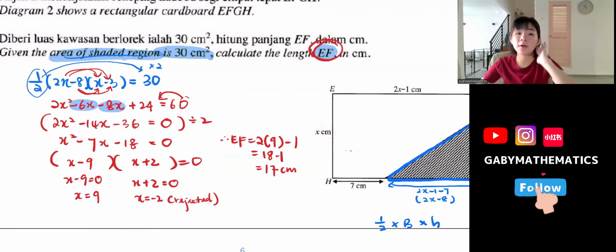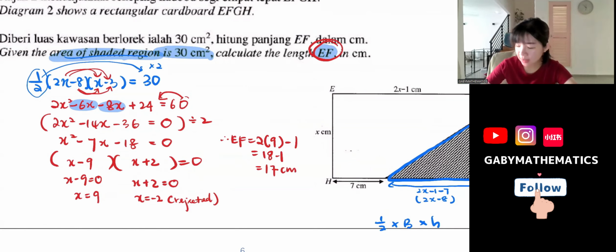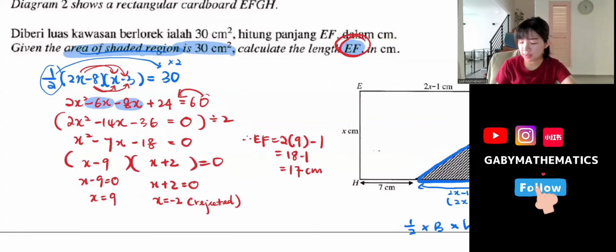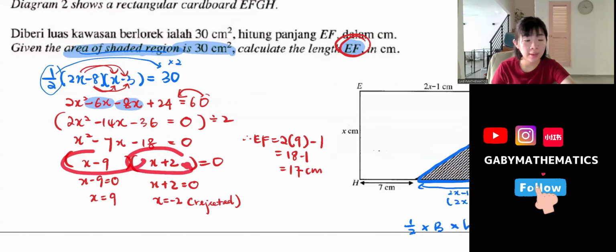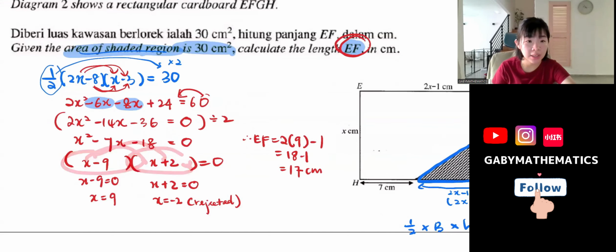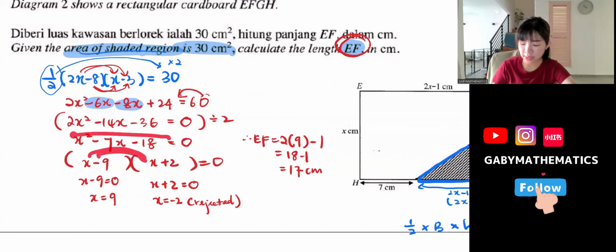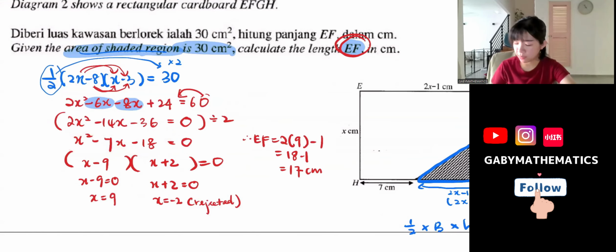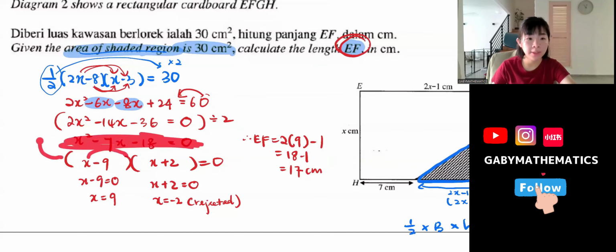You will still get the same answer if you skip it, and some teachers are not too particular. But if we go back to the theory, if you get these two brackets, when we expand it, I should get back x squared minus 7x minus 18. If you don't write this, when you expand, you won't be getting this.